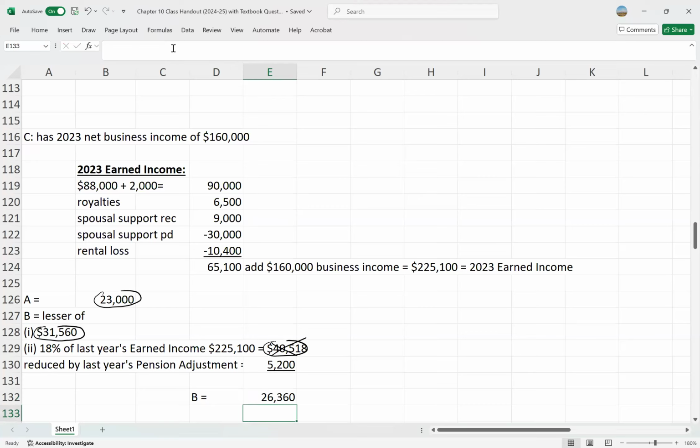And so all that's showing you is that if your earned income exceeds a certain amount, then the lesser amount is going to be 31,560.